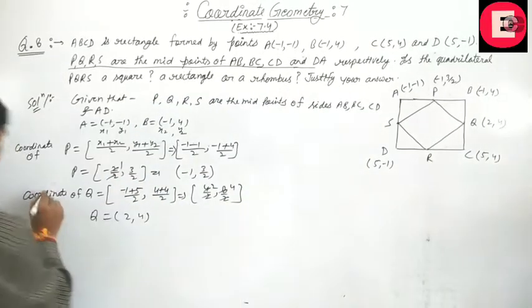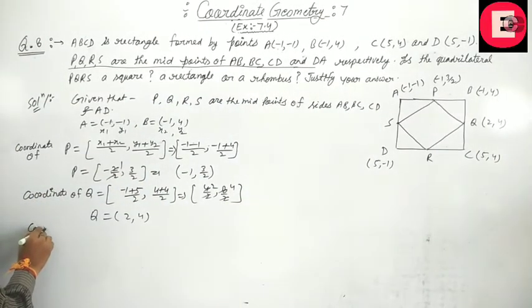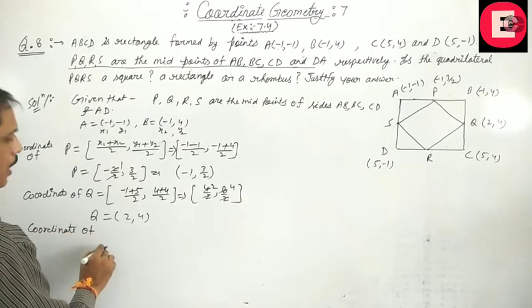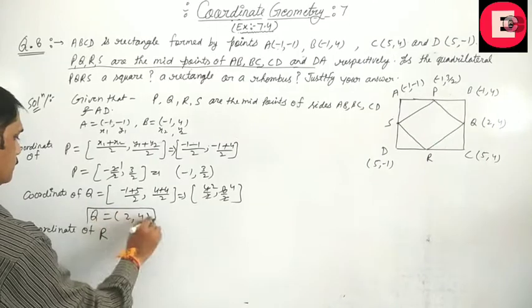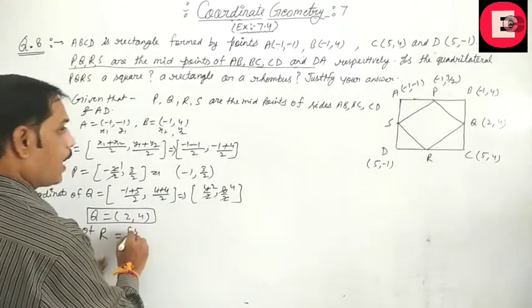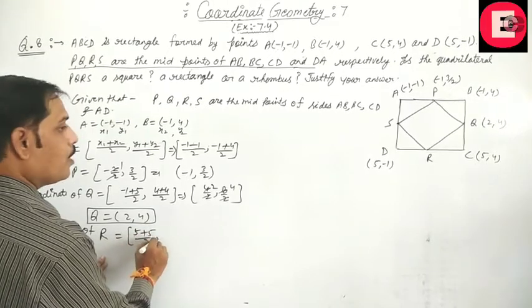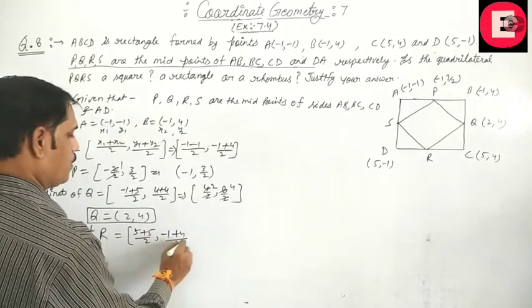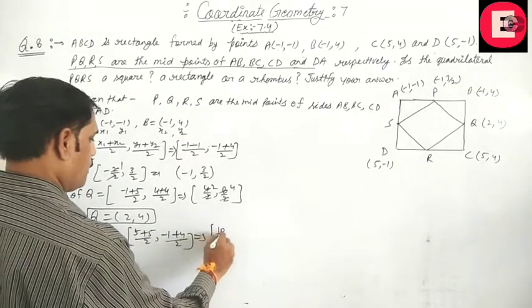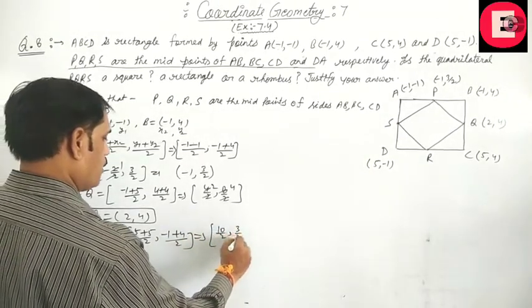Now for the coordinate of R is equal to ((5 + 5)/2, (-1 + 4)/2). So 10/2 and 3/2.